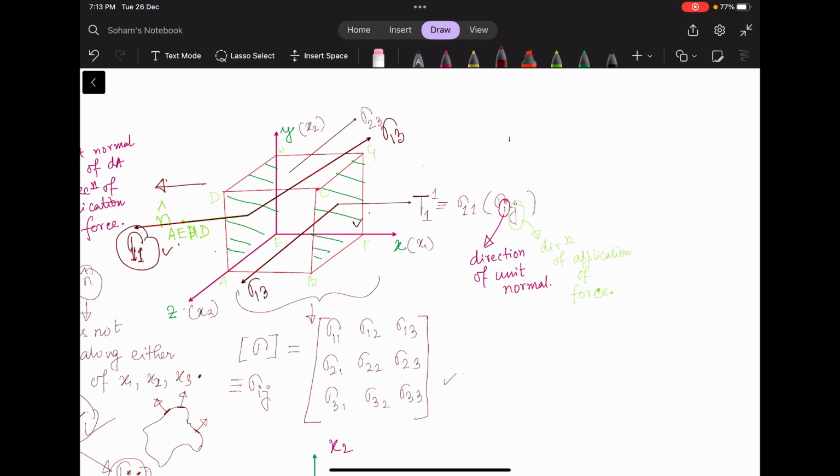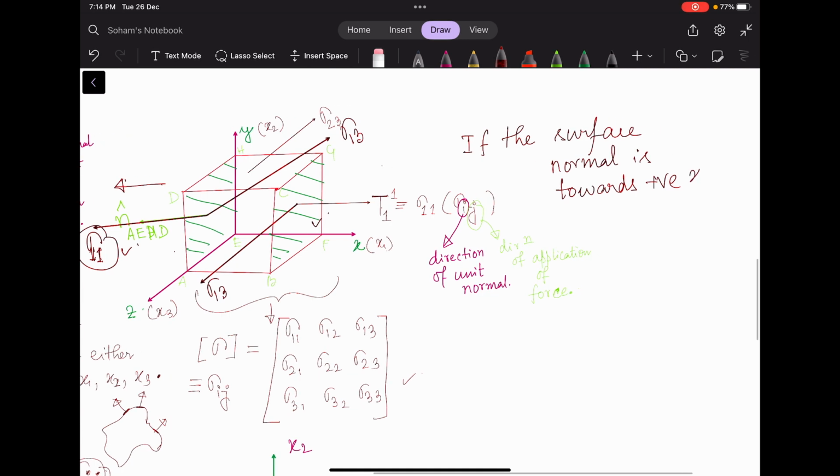So the rule is, if the surface normal is towards positive xi, where I can take i as 1, 2, 3, then the forces will also be in the positive xj direction.